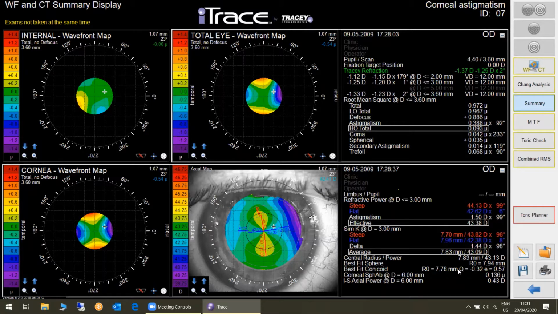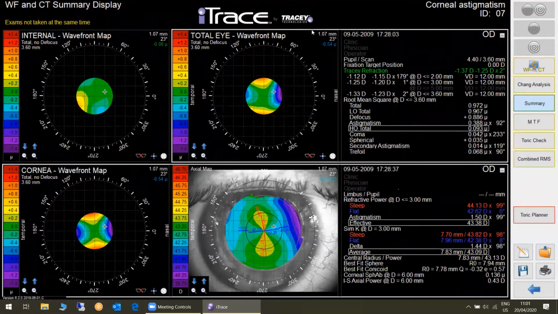Okay, here we have all the K values that you need. We have asphericity, we have all the Q values, we have everything. Those two displays here are the total eye, the wavefront, with the higher order total that we now understand, the multi-zone refraction, the color of the Tracey refraction, and the size of the pupil.